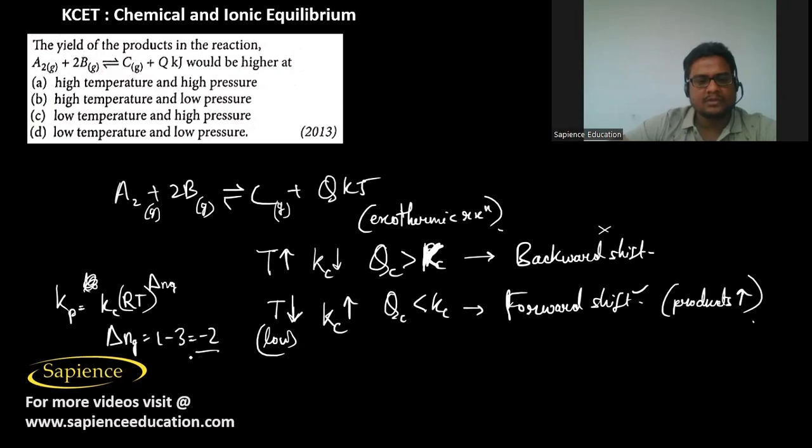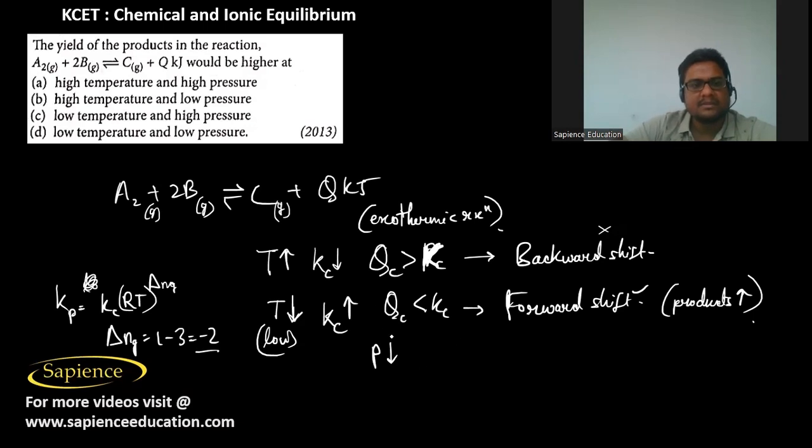Since the number of moles decreases, the equilibrium will shift in that direction in which the number of moles decreases. So it means the pressure also has to decrease.